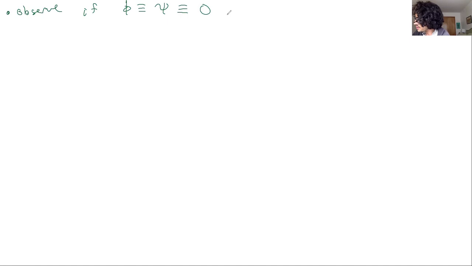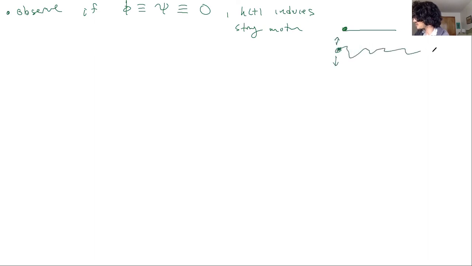Then you can think of h(t) as inducing string motion. The idea is that maybe the string starts off stationary, but then as this moves up and down, it's going to cause the string to be displaced up and down. So it's like you're holding the end of a string and you're moving it up and down. That's going to cause the string to have waves that propagate towards its end.